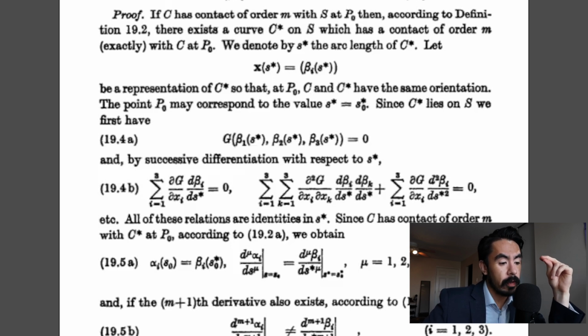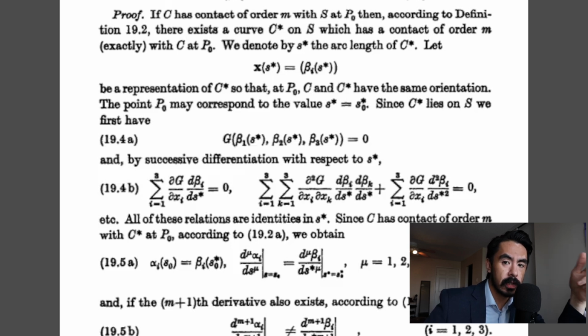And then we have a sum of sums where the outer sum is on the index i from 1 to 3, and the inner sum is on the index k equals 1 to 3, and the terms of summation are given by partial squared g partial xi partial xk times d ds star of beta sub i times d ds star of beta sub k, and that concludes the double sum.